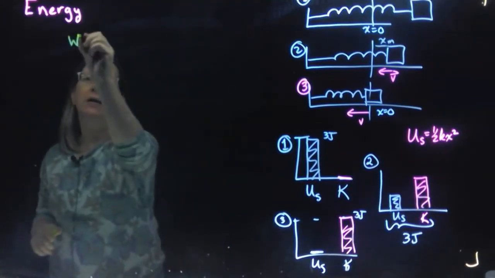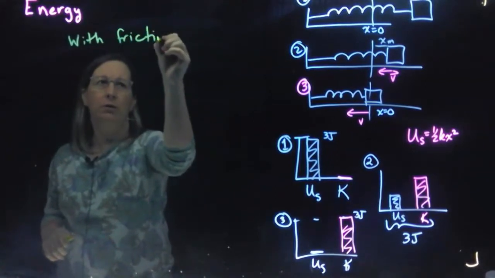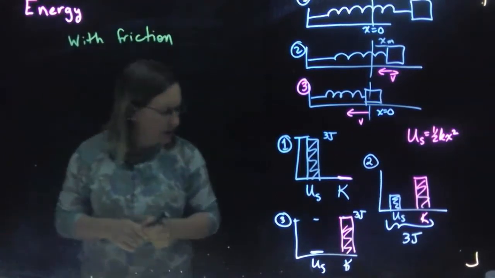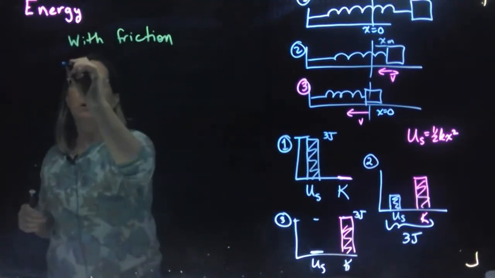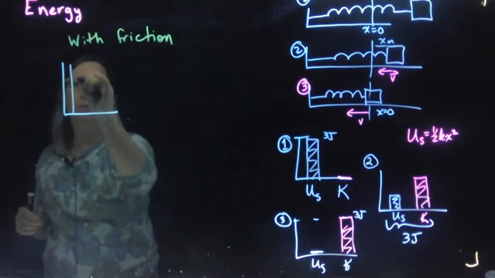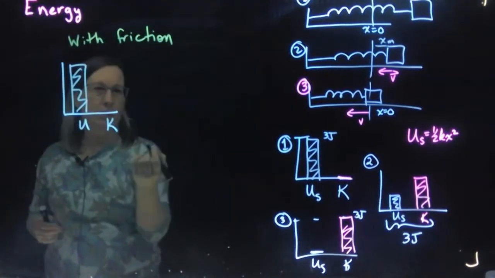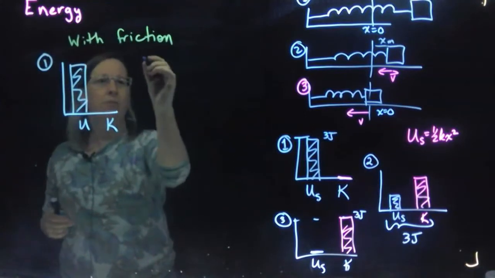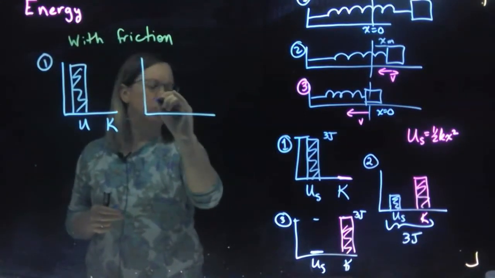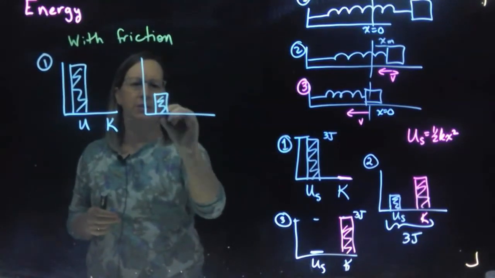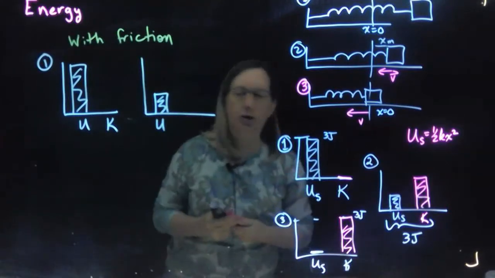So if we say the same situation with friction, we can redraw these charts to say 1 is going to be the same, right? Our U, and we have our kinetic energy. This would be 1, but then by the time we get to 2, we've reduced our potential energy to be some amount, but we don't get quite as much kinetic energy.